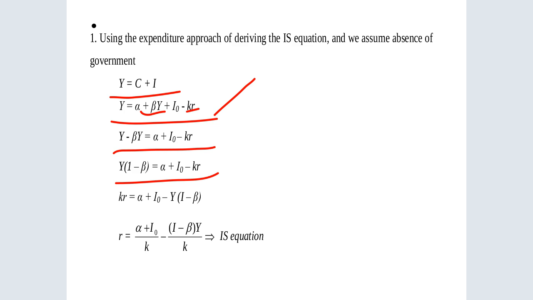If you do that, this is what you'll get. Then you simply divide both sides by k, and you'll have this as the IS equation.